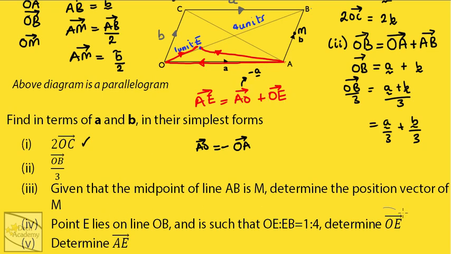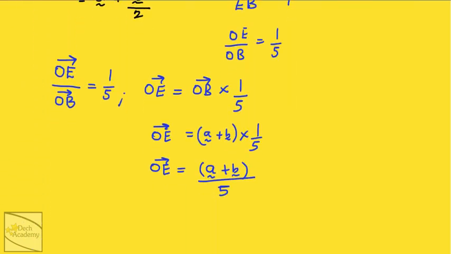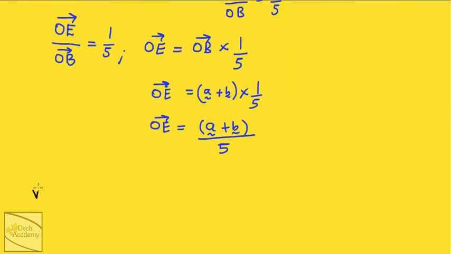OE is what we worked out in part 4. So it means that the vector AE is AO, which we know as minus A, plus OE, which we know as, well, I can break this down into A over 5 plus B over 5.